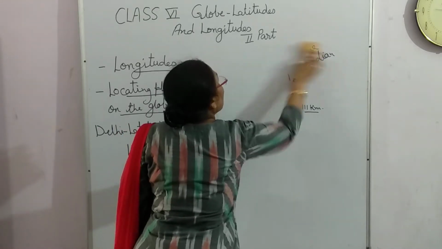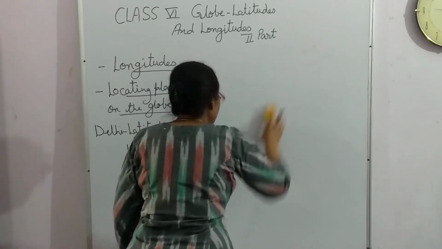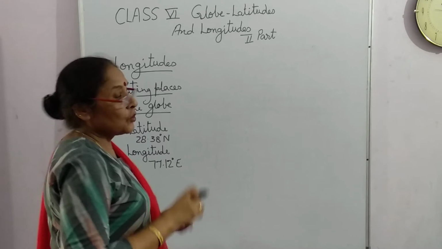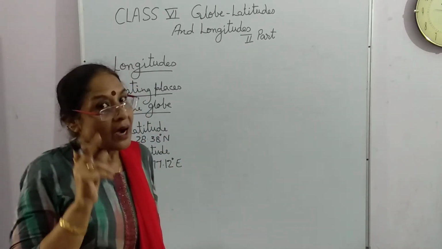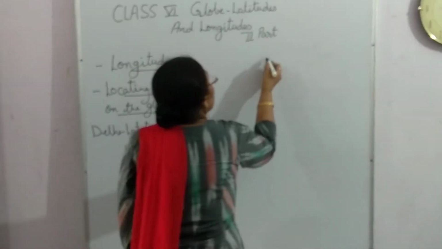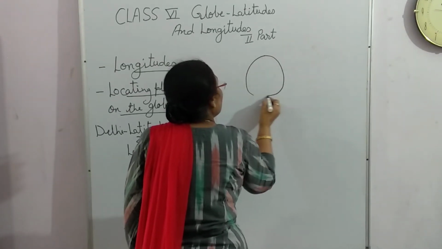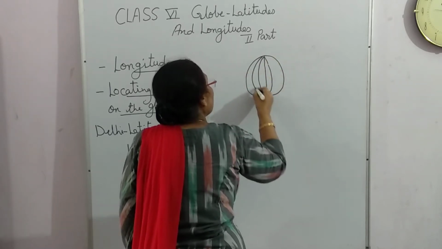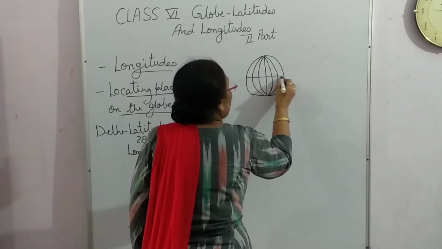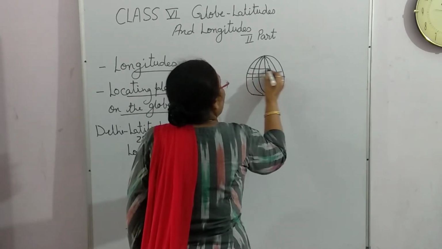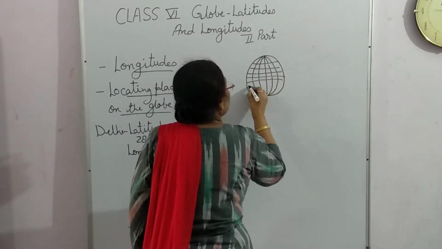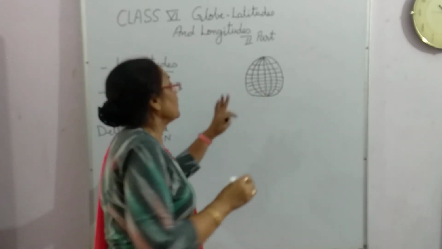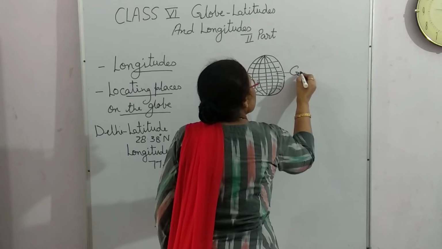Now one very important thing: to locate a place on the globe, two things are required, latitudes and longitudes. This is the latitudes, equator, and these are the longitudes. This network of latitudes and longitudes is known as the grid system.